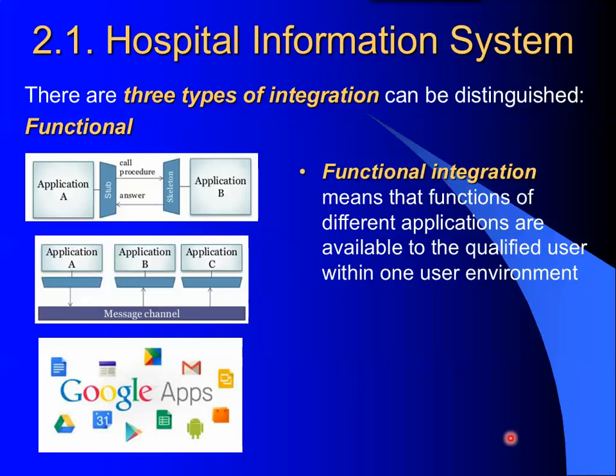A simple example is G Suite, Google Apps for Education, or Google Apps in general. They are available through a web browser. We have one application, the web browser, and we use web pages to access different services like mail, drive, sites, and so on.